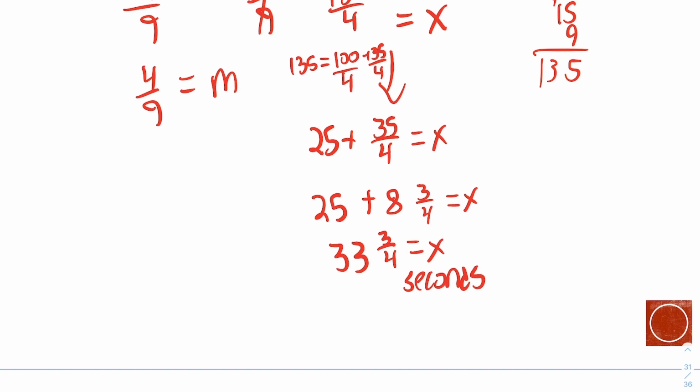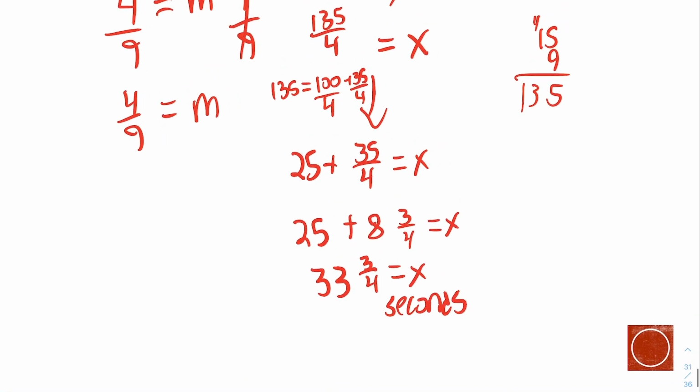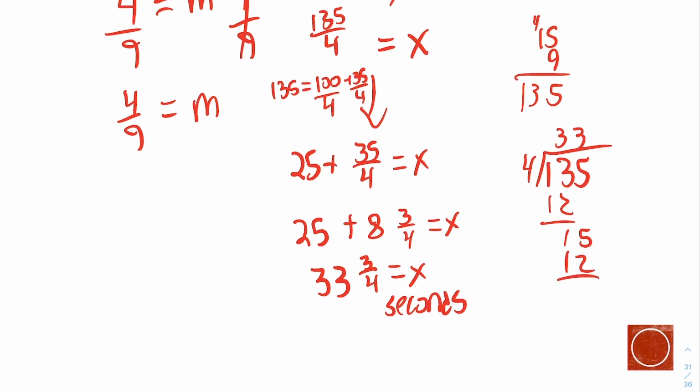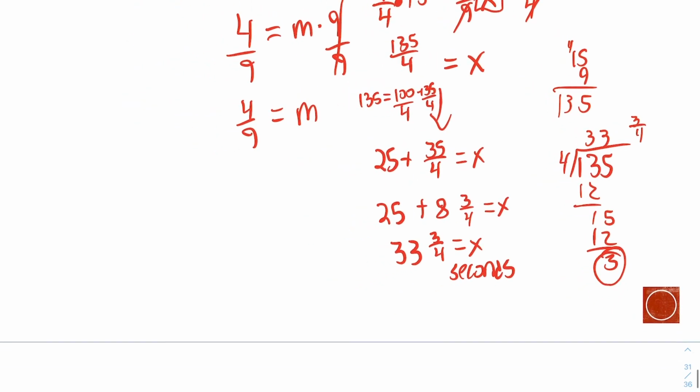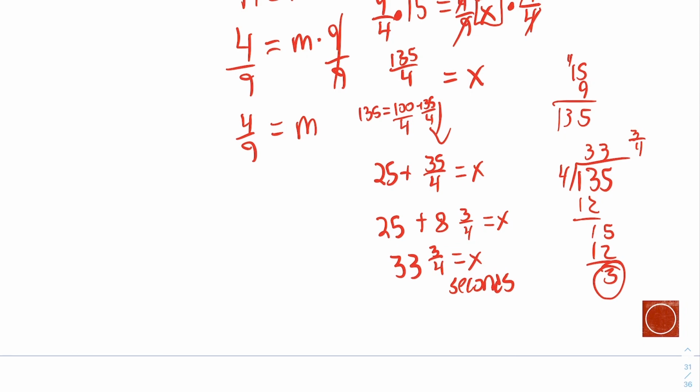You can always break a math problem down into smaller pieces, and that's how I divided 135 divided by 4. If you wanted to, you could have just done it like this. I don't know which way's faster. It's just however you think. I like to think in terms of distribution. You might like to just do the regular math.